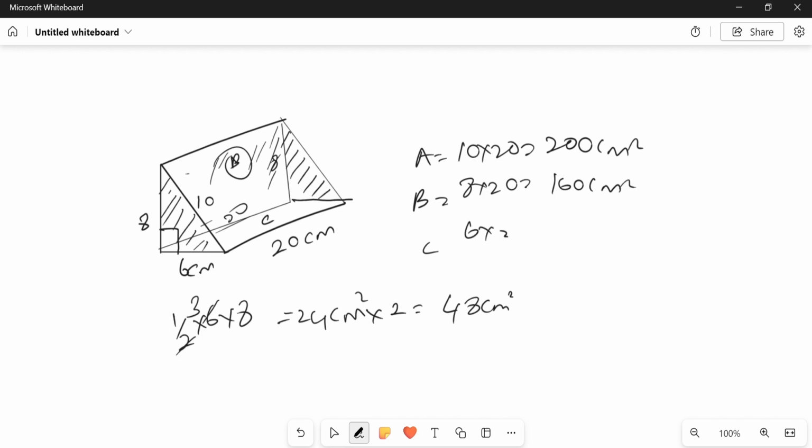That is 6 into 20, so 120 centimeters squared. So the total of the 3 faces: 200, 160, 360, and 120, 480 centimeters squared.